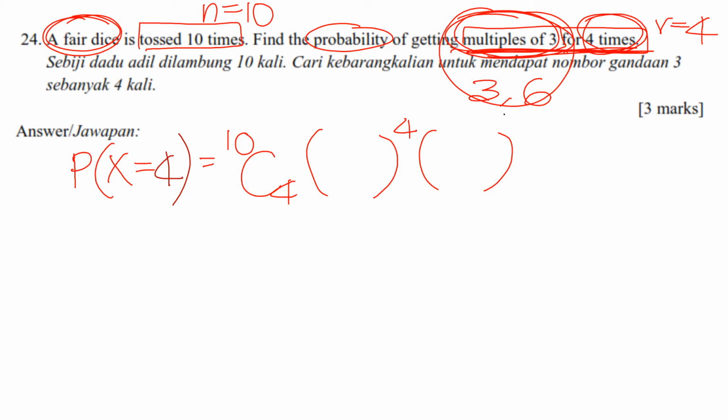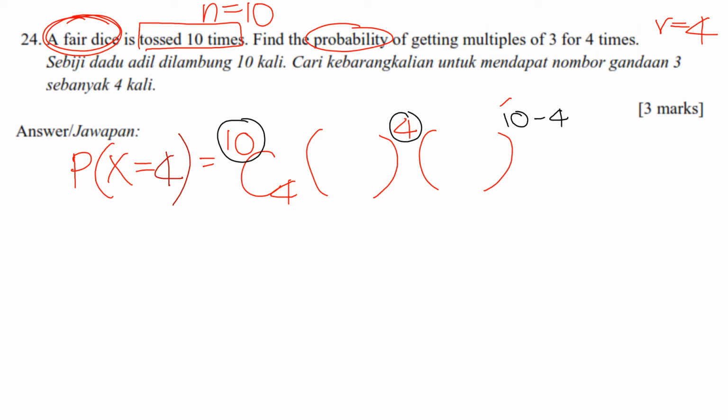Where do you get the 10? This is the 10. Minus 4, where's the 4? It is from here, right? I take away this one, it's very messy.